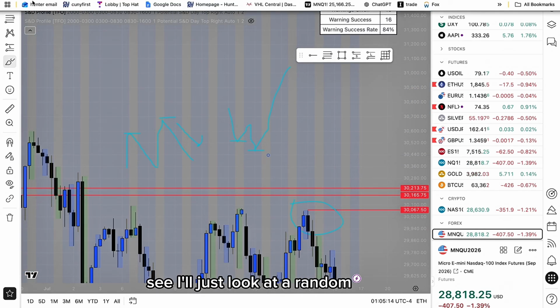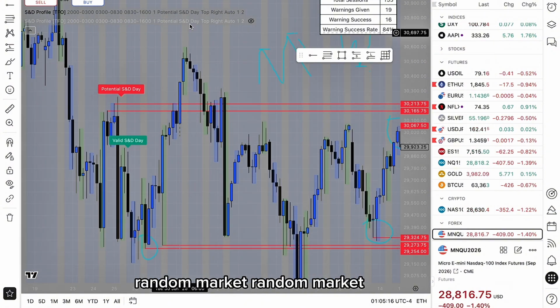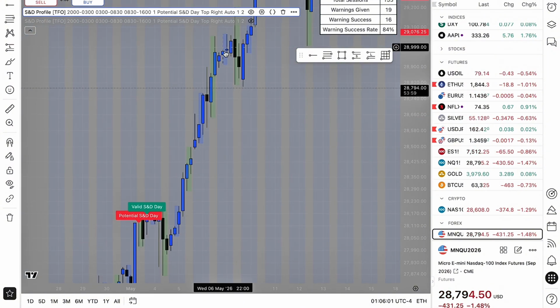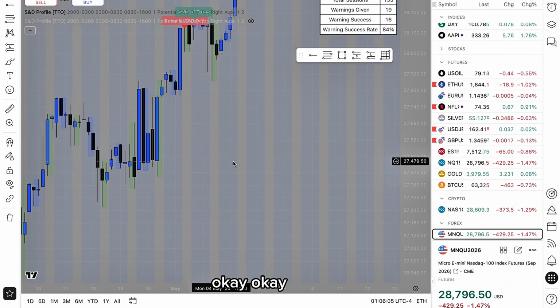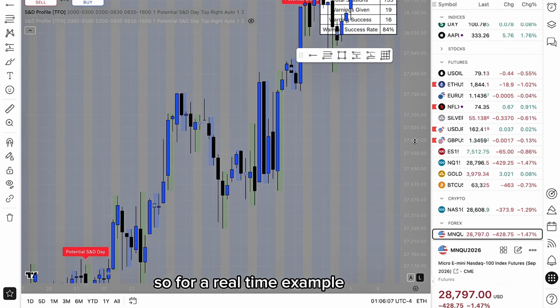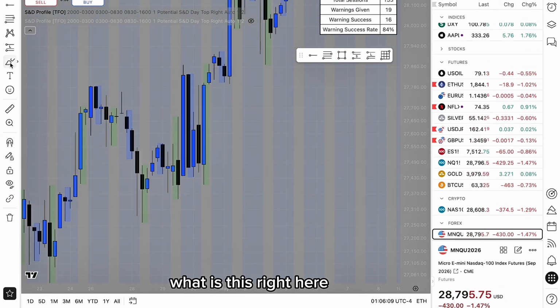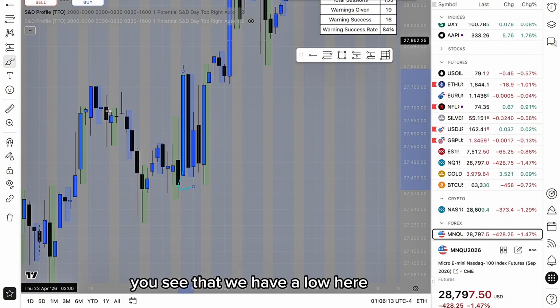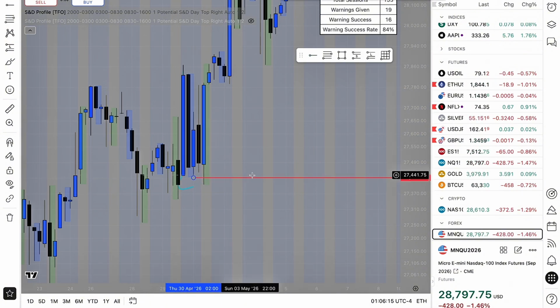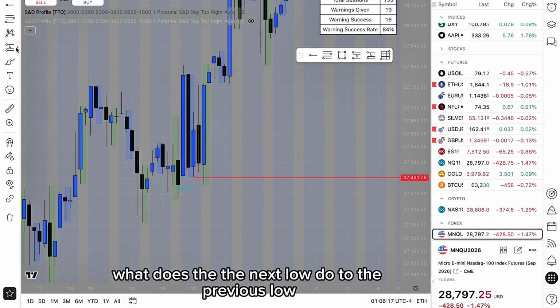I'll just look at a random market for a real time example. What is this right here? Black candle followed by a blue candle. You see that? We have a low here. What does the next low do to the previous low?